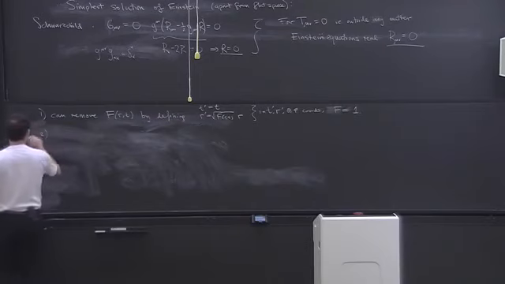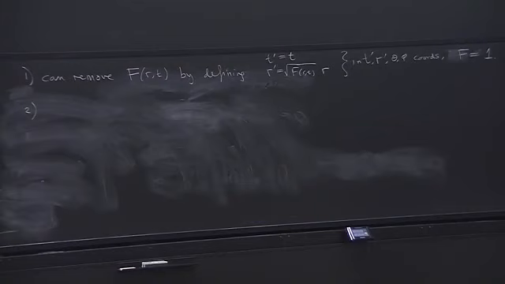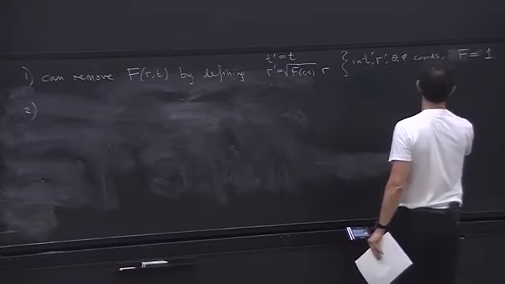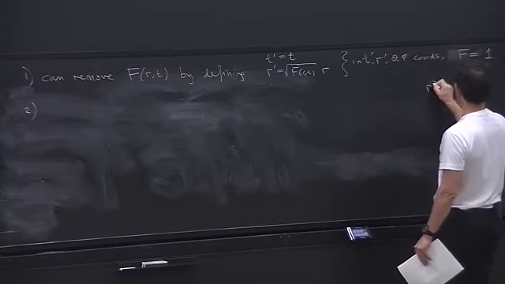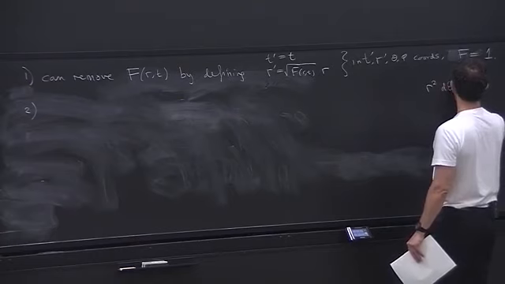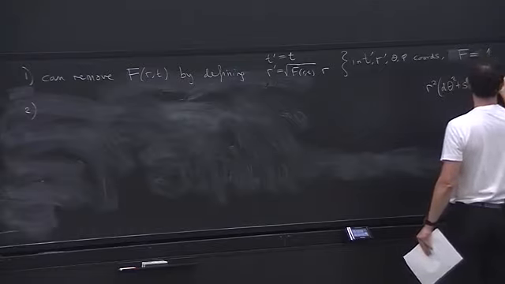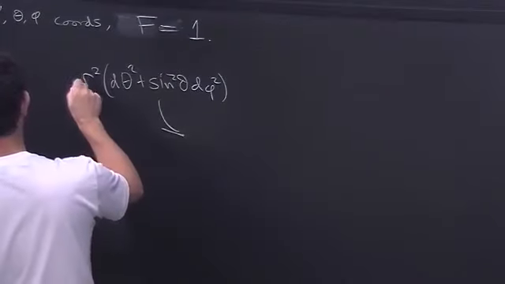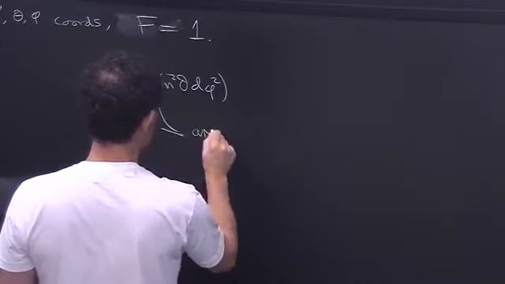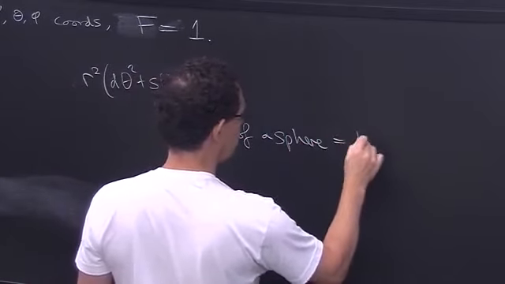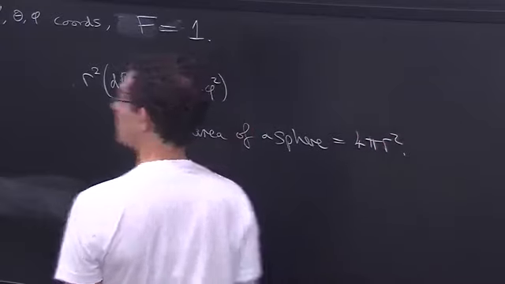So that's very easy. We've just picked new coordinates. By the way, those are kind of nice coordinates because when I go around a sphere, all I change is theta and phi. And if the line element has coefficient 1, this means that the area of a sphere equals 4 pi r squared in these coordinates.